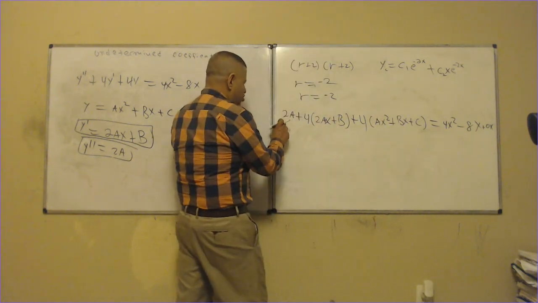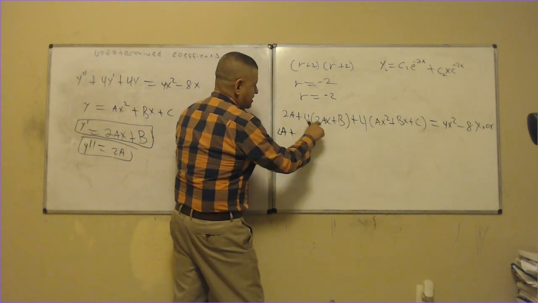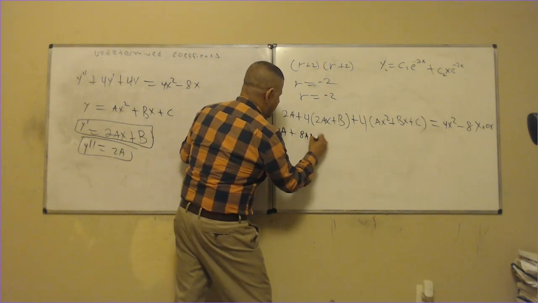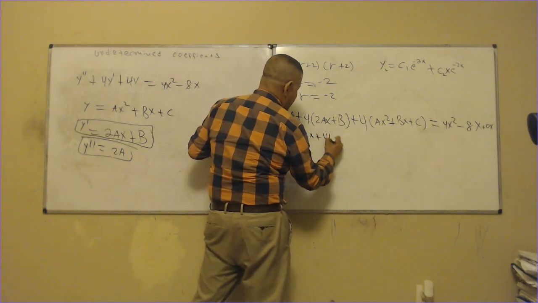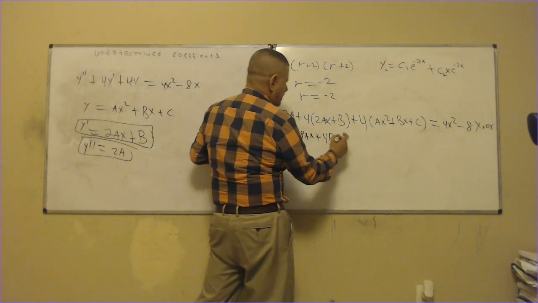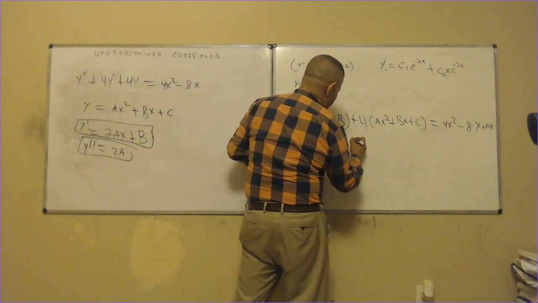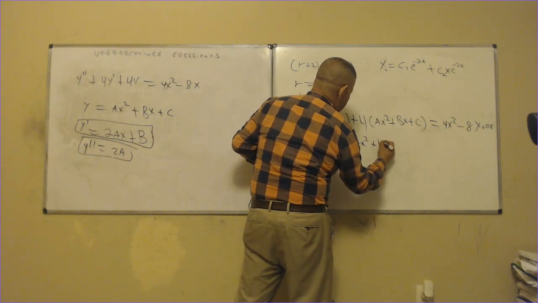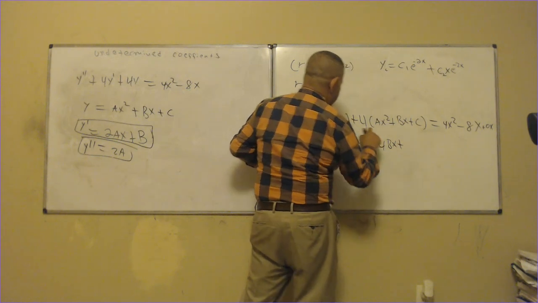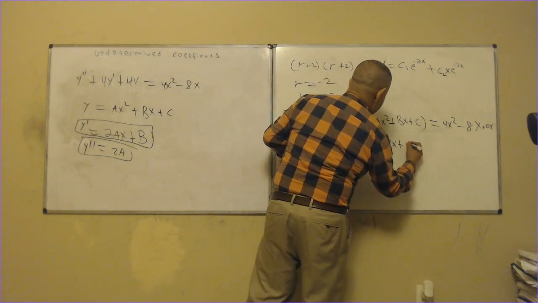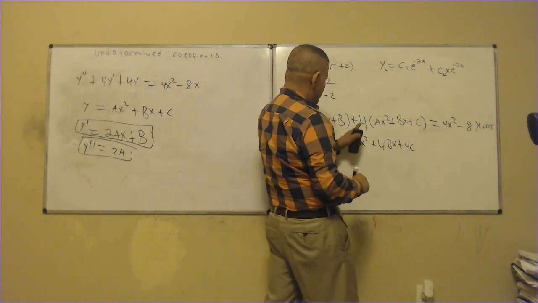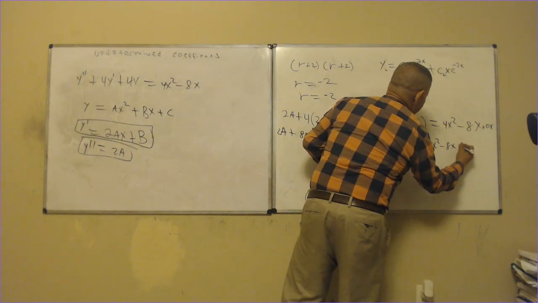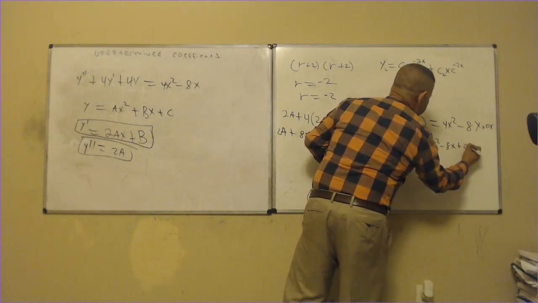Now let's work this out. I keep my 2a right there. This time this is going to be 8ax, plus 4b, and then plus 4ax squared, plus 4bx, and then plus 4c, equal to 4x squared minus 8x plus 0x.